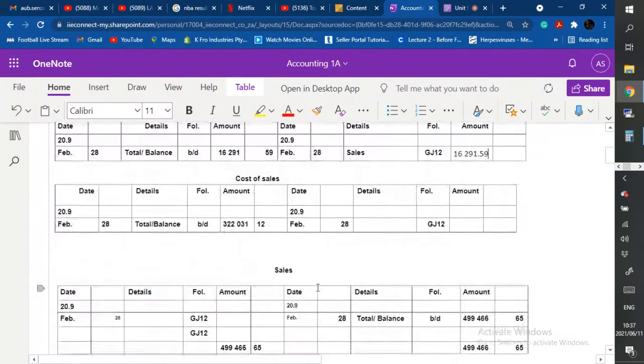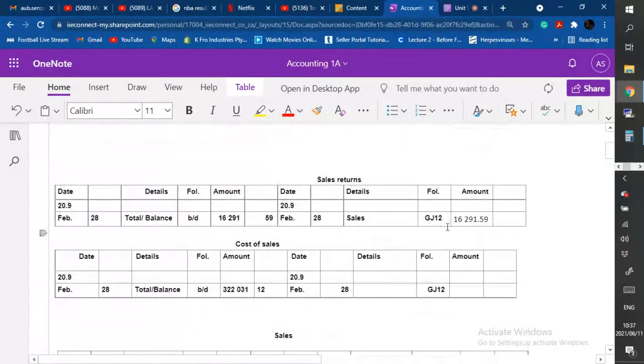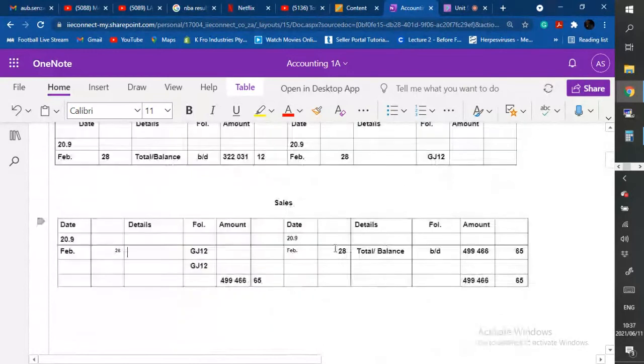Then you come to the sales account, so you can complete that double entry, and you say sales returns, because here, remember, we were crediting, so here we need to debit the sales account. Okay, so here we say sales returns, okay, and again, it's for that 16,291 point, how many cents was that? 291.